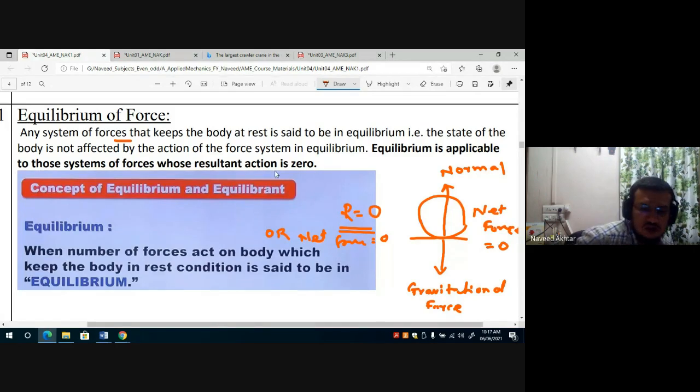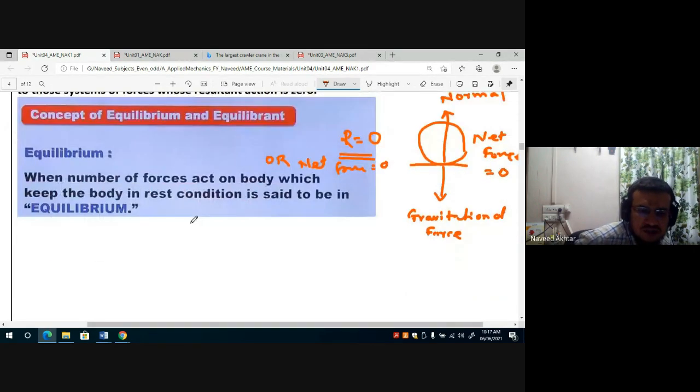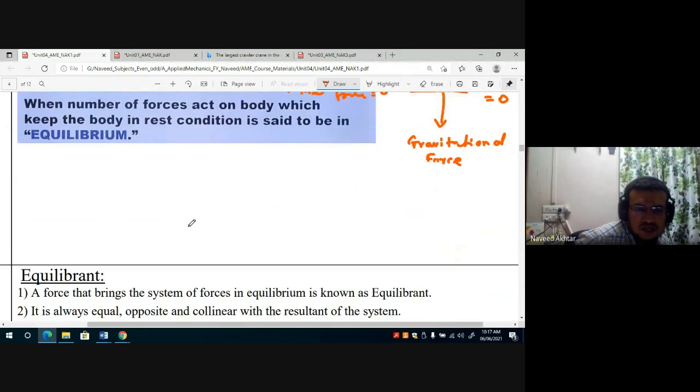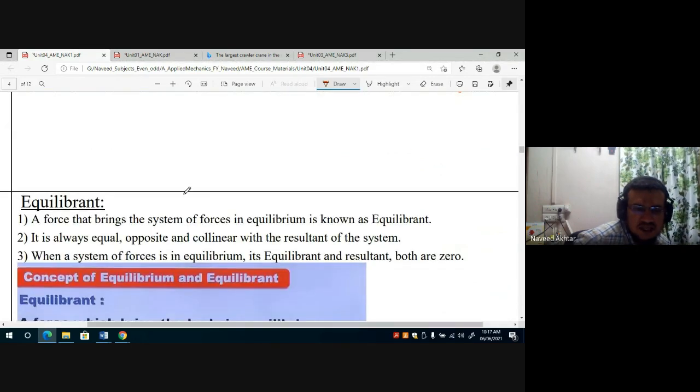The number of forces acting on a body which keep the body in rest condition is said to be in equilibrium.